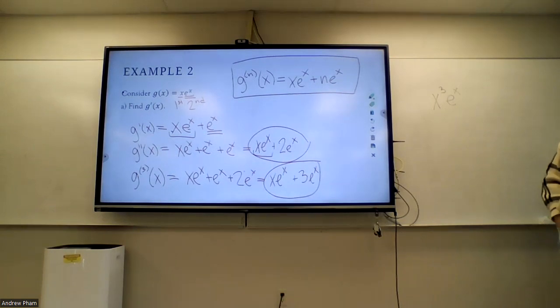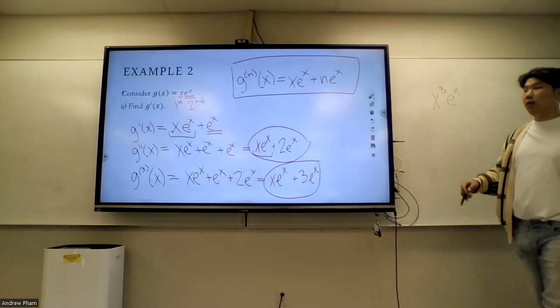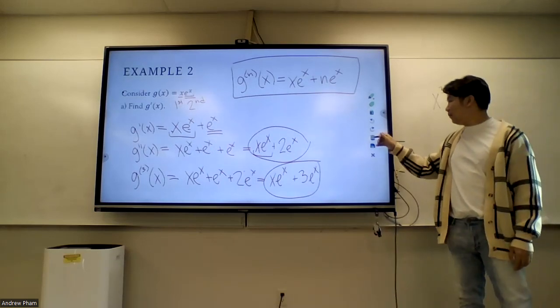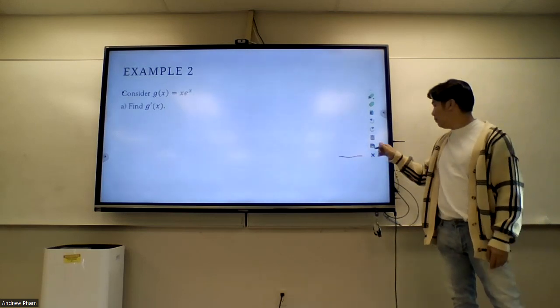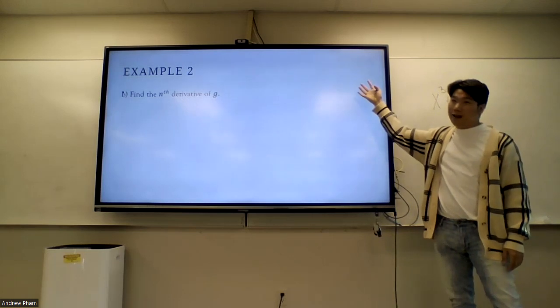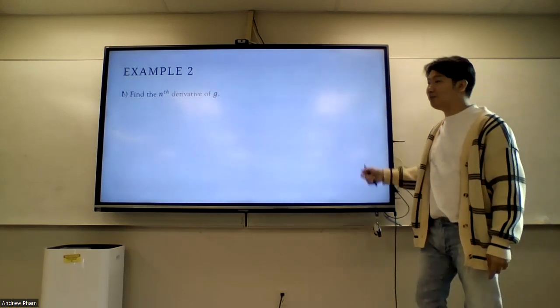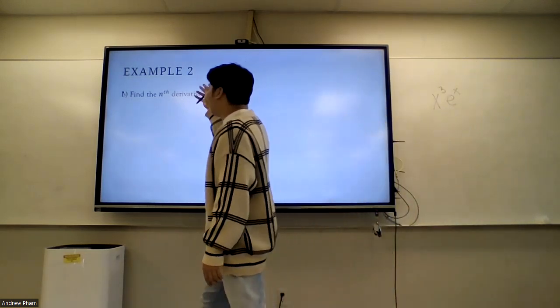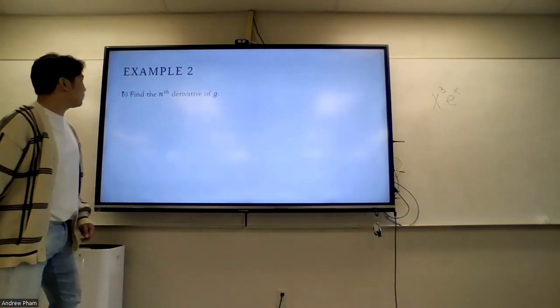Any questions about how we finish this example? Right, so I'm going to clear this up. Like I said, part B was me asking what's the nth derivative. That expression I included here. So we've actually already completed part B while we were at it.